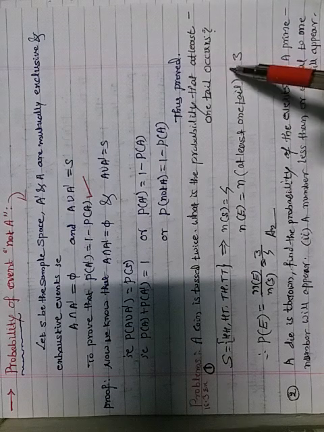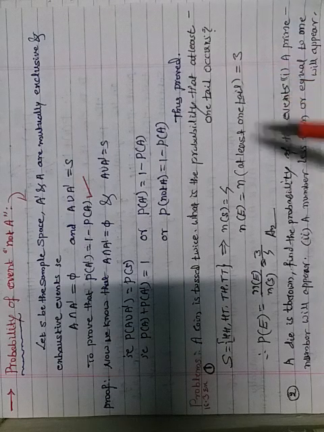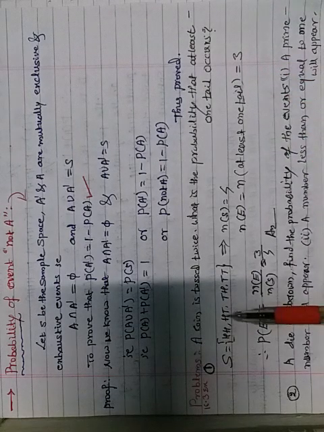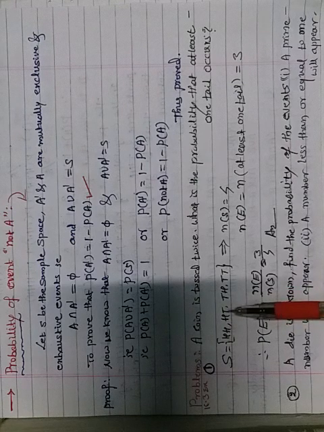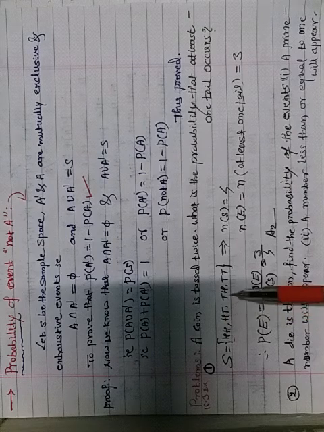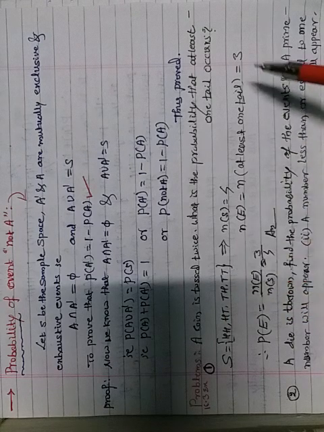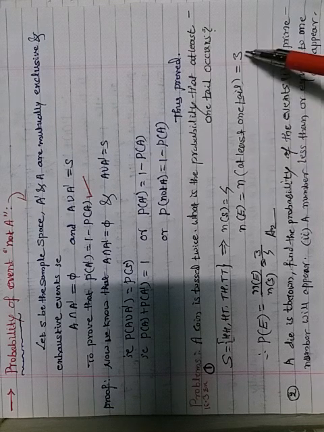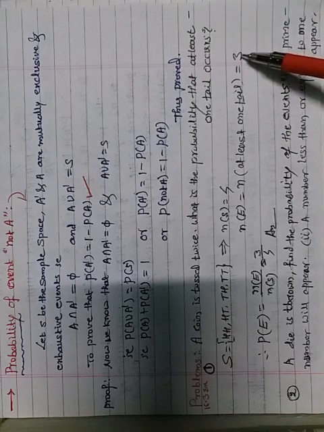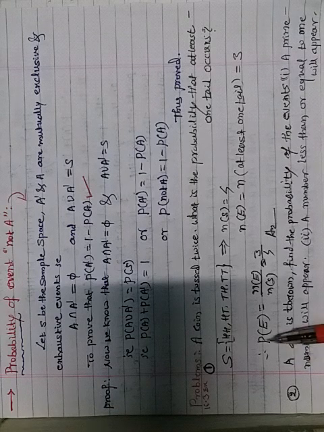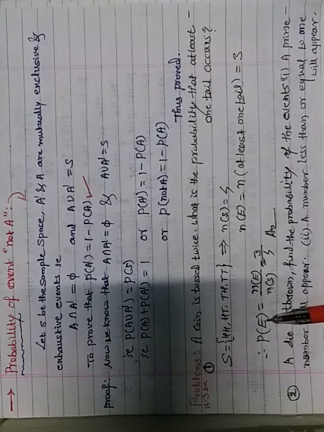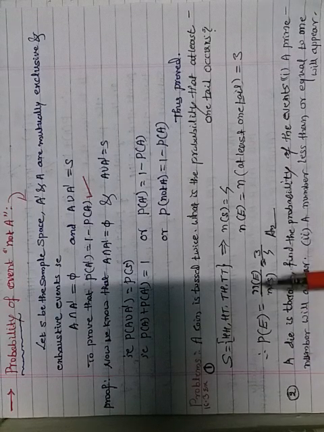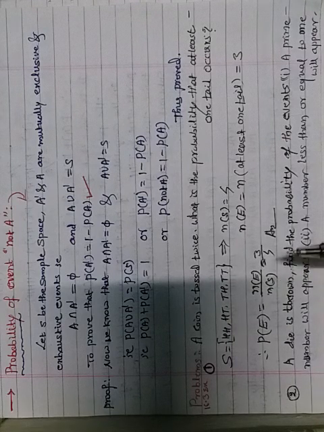At least one tail occurs means each outcome associated with T: HT, TH, TT. Hence, the total number of outcomes where at least one tail occurs is equal to 3. Hence, the required probability of event E is equal to n of E divided by n of S, that's equal to 3 by 4.